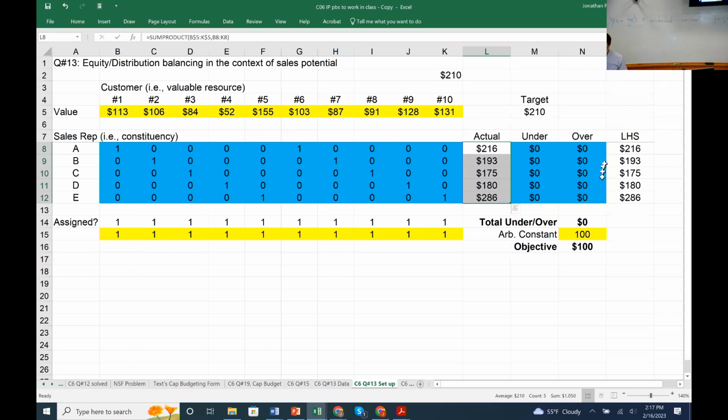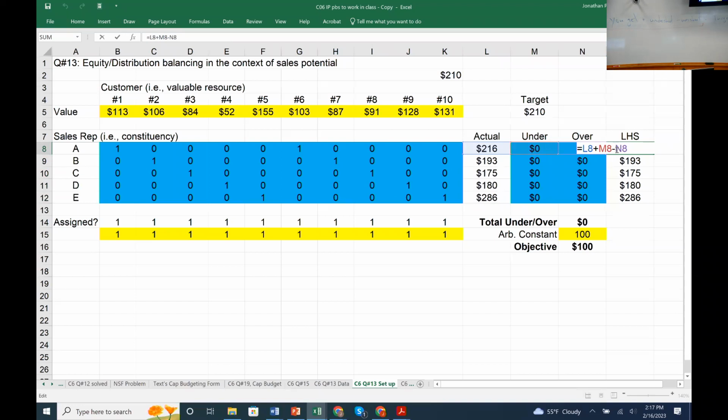So the left-hand side, that column O, is this expression. And inside solver, I'm going to add a constraint that says column O must equal 210.